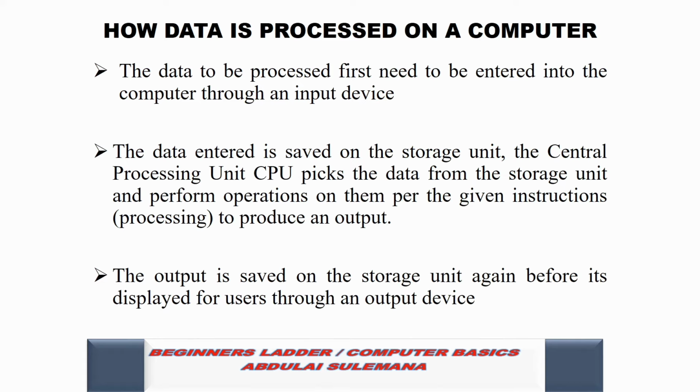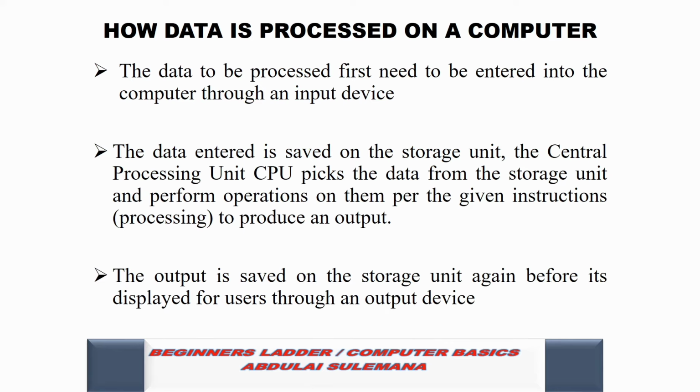So once the processing unit picks the data from the storage, it will perform the operations, get the results, and place it back to where it was picked, which is the storage unit. So the output unit will then help to display whatever was placed there, the results, to the user.